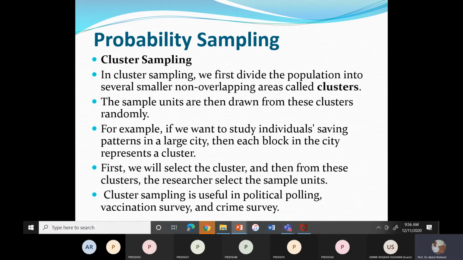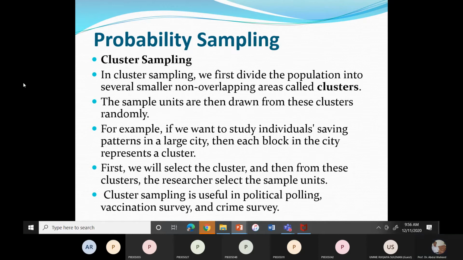Then we select some clusters randomly, and from these clusters we get the sample units.